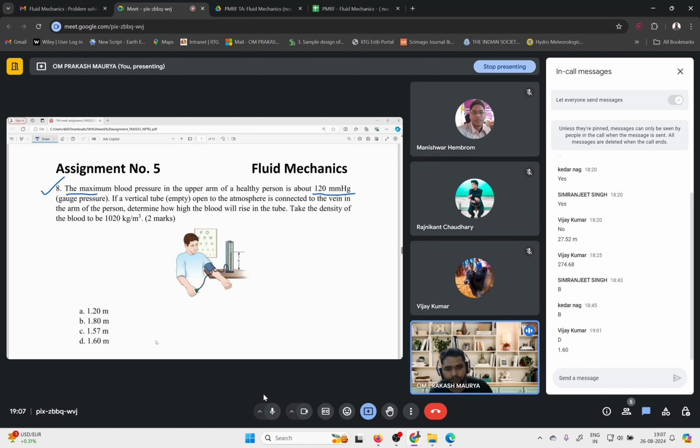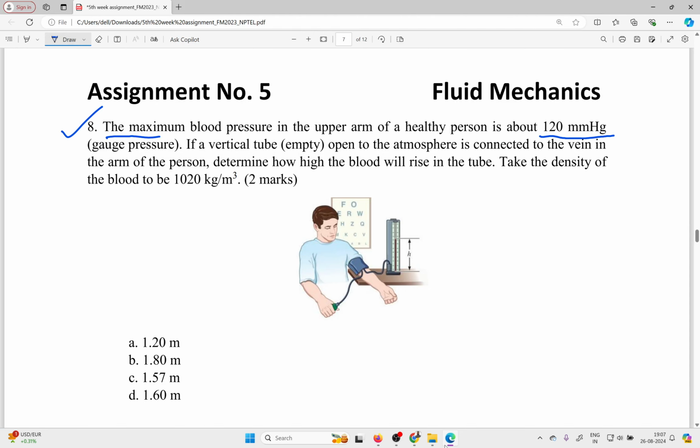Let me read the question once for other students. The maximum blood pressure in the upper arm of a healthy person is about 120 mmHg. That is gauge pressure given here.